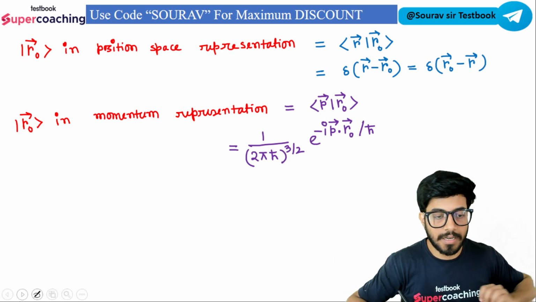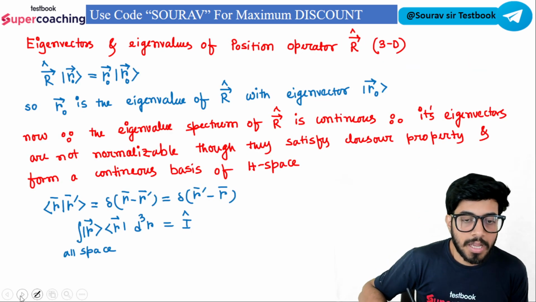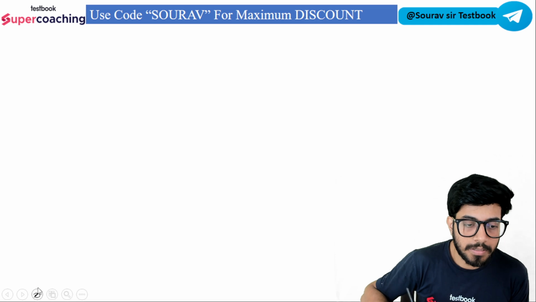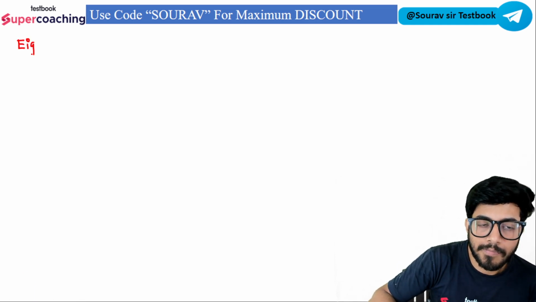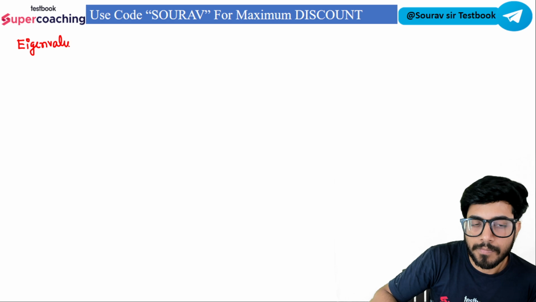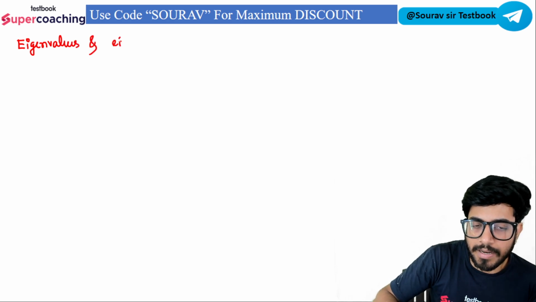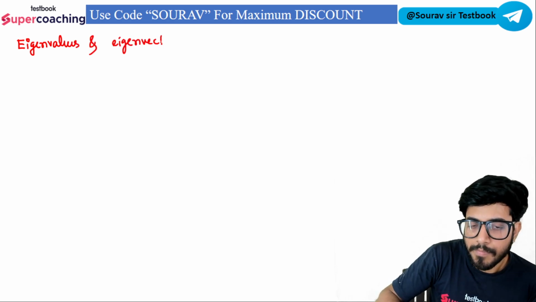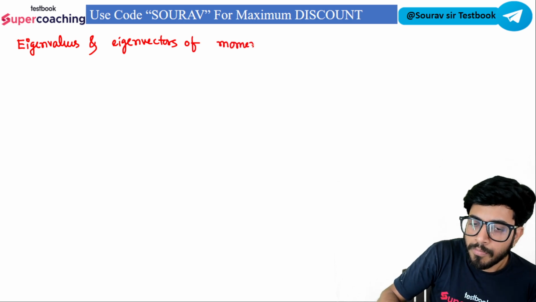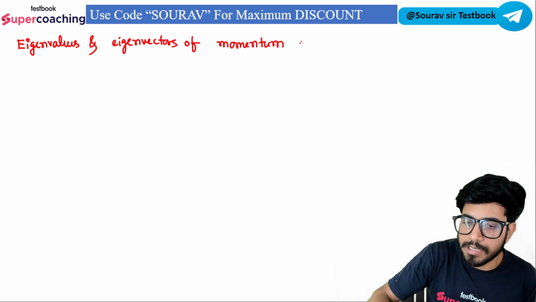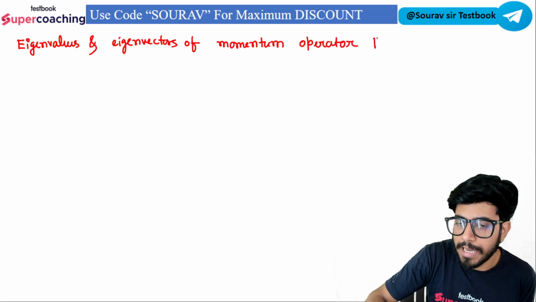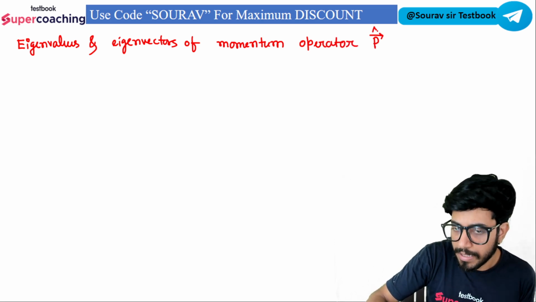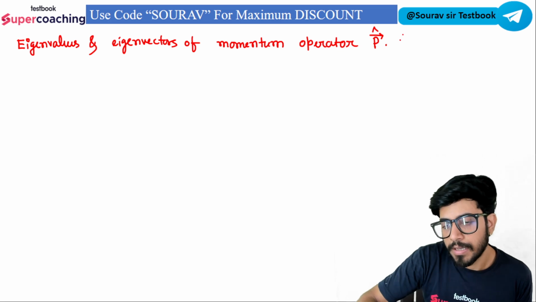Just let me write it down. Eigenvalues and eigenvectors of momentum operator P cap. P vector cap because I'm talking about 3D.